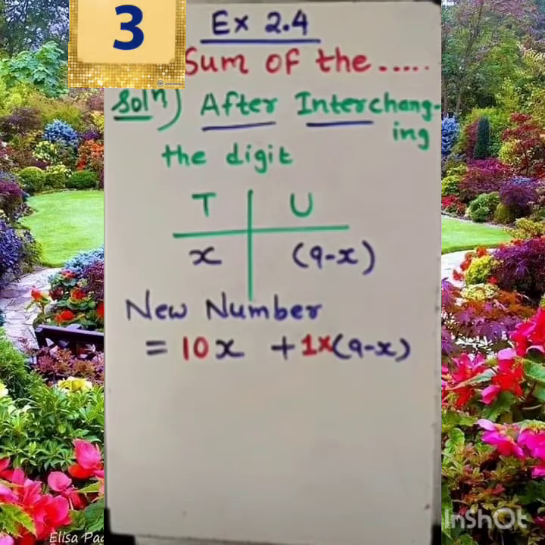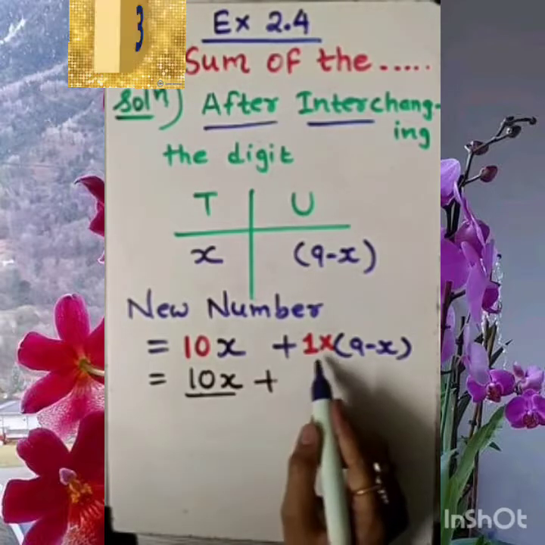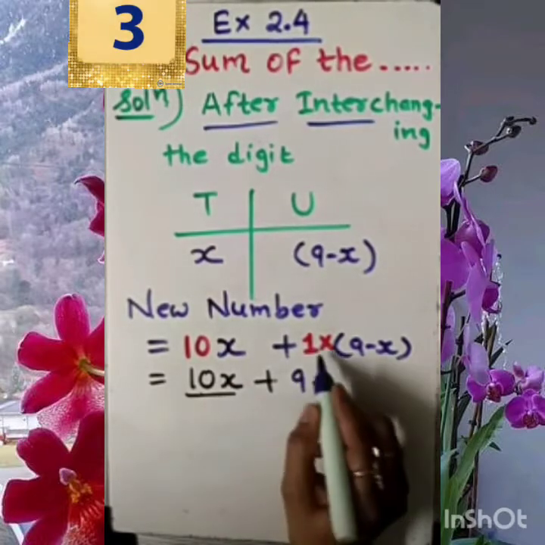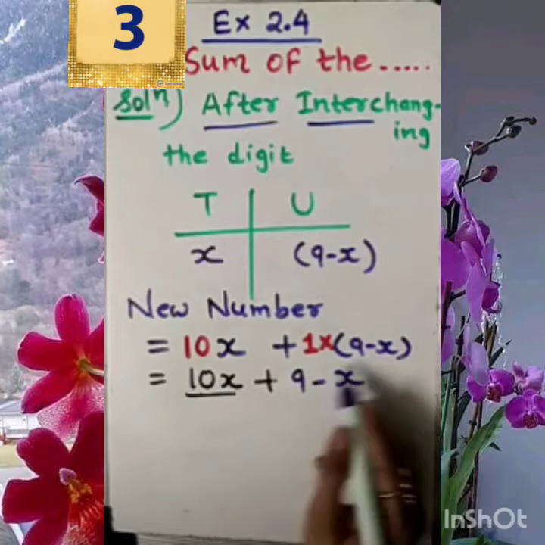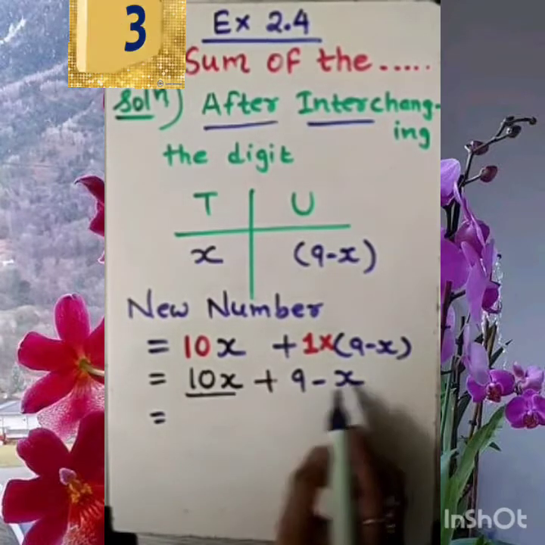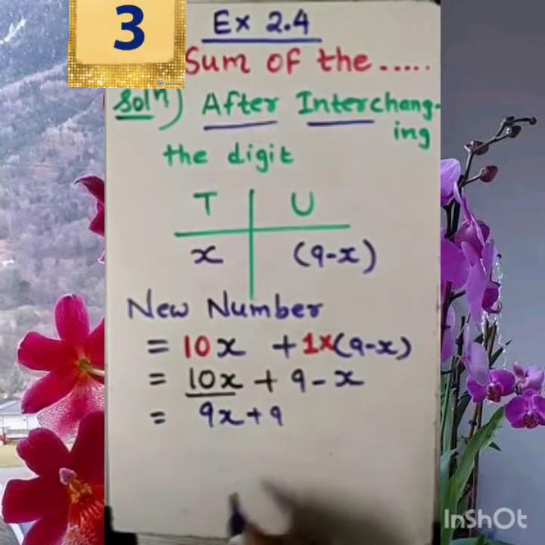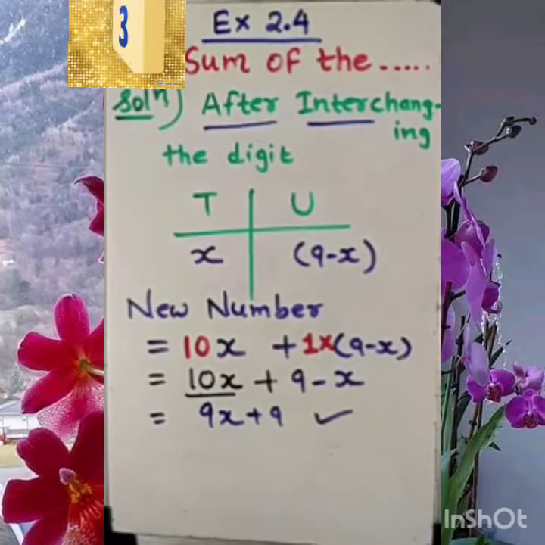So after multiplication: 1 into 9 is 9 minus x, and 10x minus x gives 9x. So 10x plus 9 minus x is 9x plus 9. This is our newly formed number.